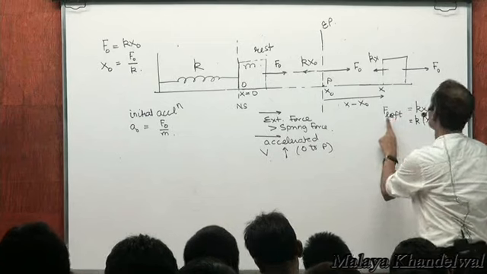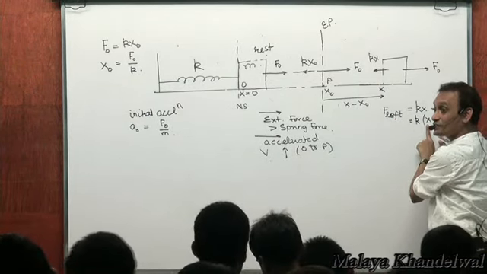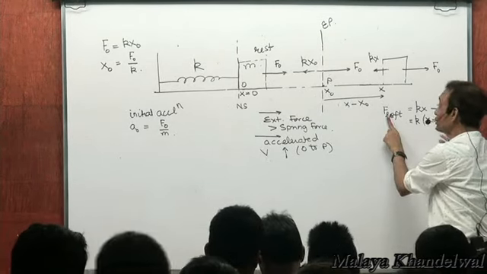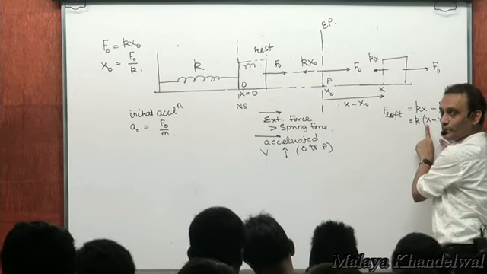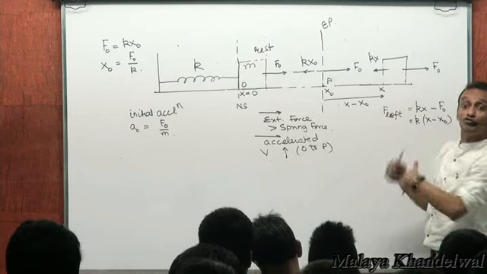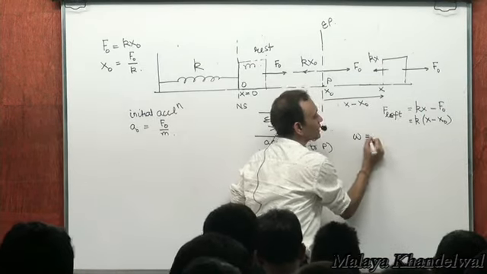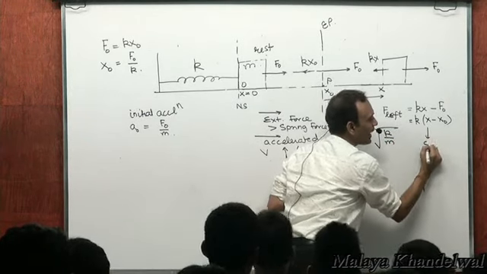That means the force acting on the particle is proportional to the displacement from the mean position, x minus x naught. The force is restoring because it's to the left, proportional to displacement from the mean position, and k is the force constant. If k is the force constant, then the omega of this oscillation must be root k by m. Motion is simple harmonic. Why?